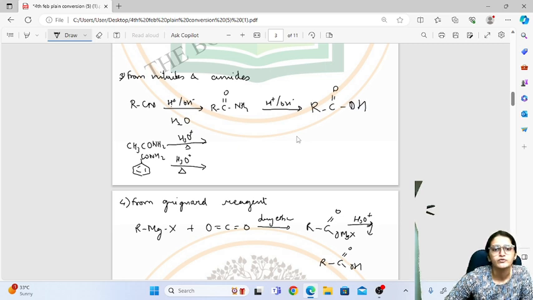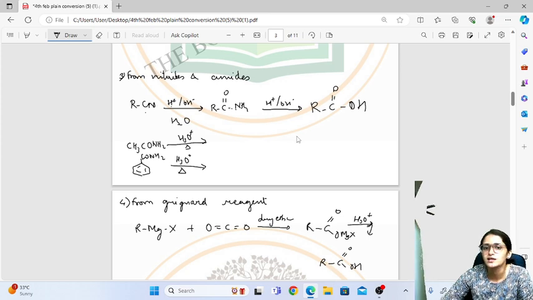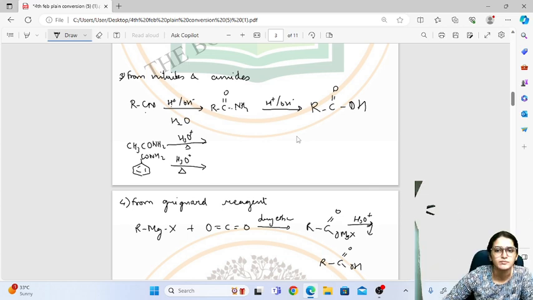Okay, so the first process is nitriles are being converted to amides and then amides converted to carboxylic acid using the same type of medium. Okay, so if I take example of this amide over here, then I will get CH3 C double bond O OH. Okay, that is ethanoic acid. If I take benzamide, then I will get benzoic acid, that is benzene ring with COOH.